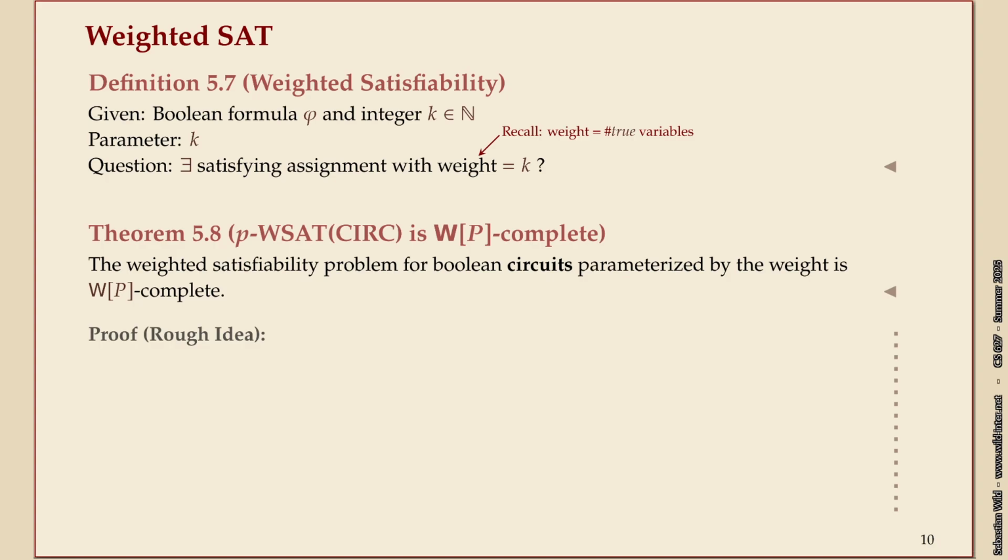What you can also prove is that a certain variant of this problem is WP complete. Now, in this case, I'll only sketch a bit the proof because WP won't be the final answer for us anyways. It turns out you cannot really make this work.